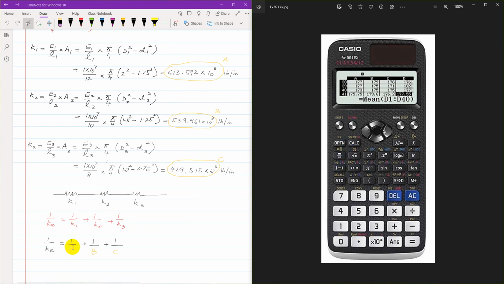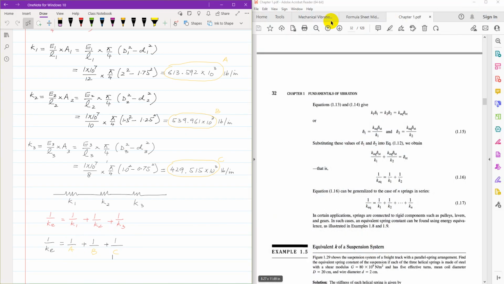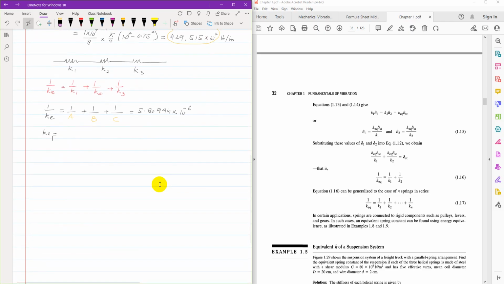You can simply put in the calculator 1 over A plus 1 over B plus 1 over C, using alpha with B and alpha with C. Remember that you have saved them as A, B and C. Now you'll get the answer in reciprocal form as 5.80994 into 10 to the power minus 6, and from here you can find K equivalent as its reciprocal, and it comes to 172.119 into 10 to the power 3.